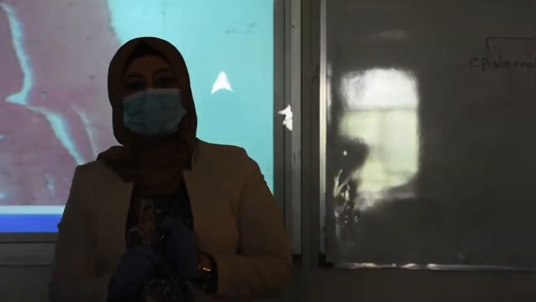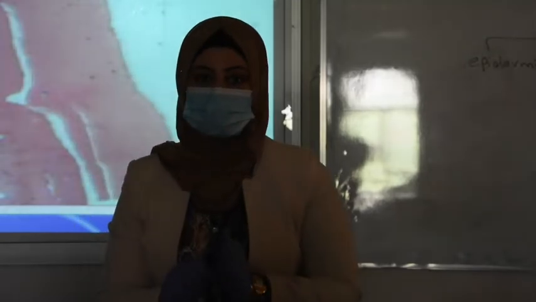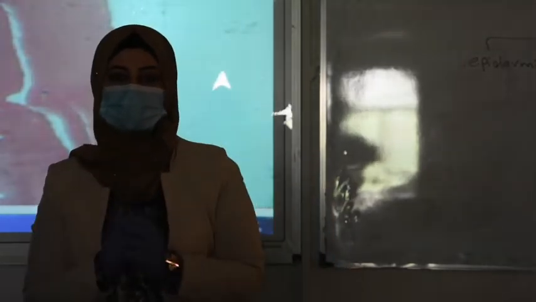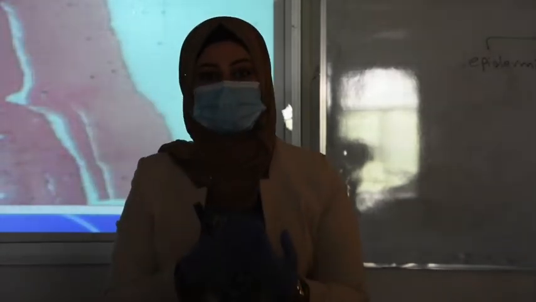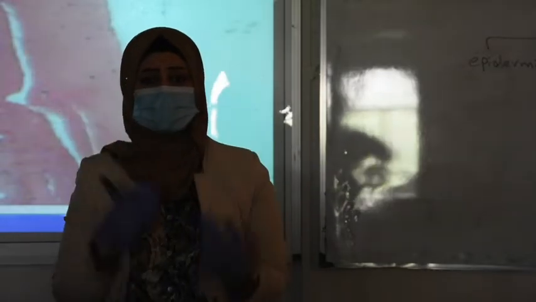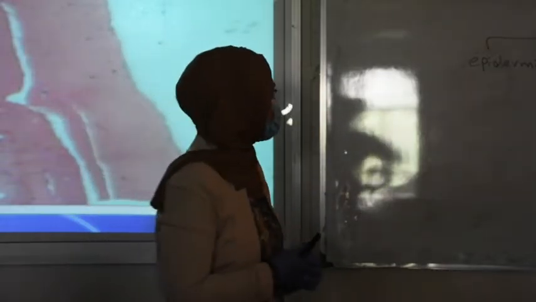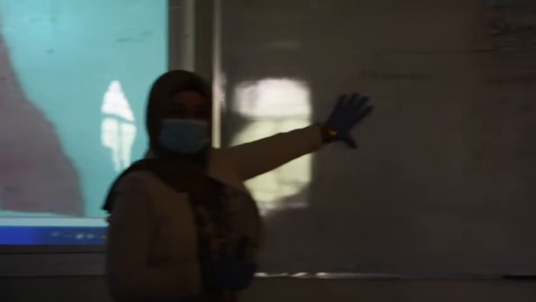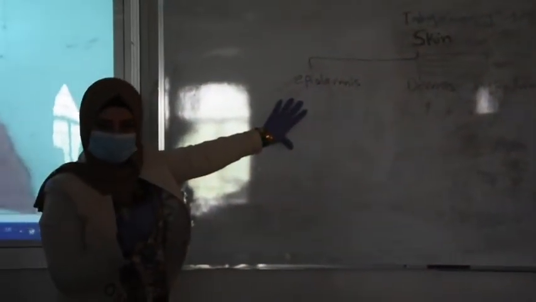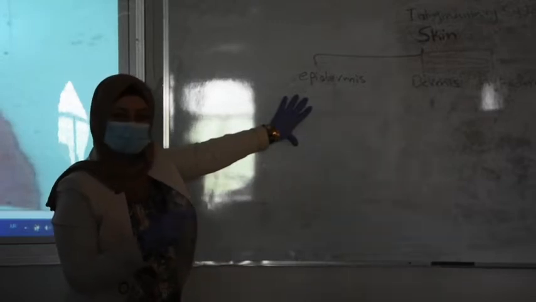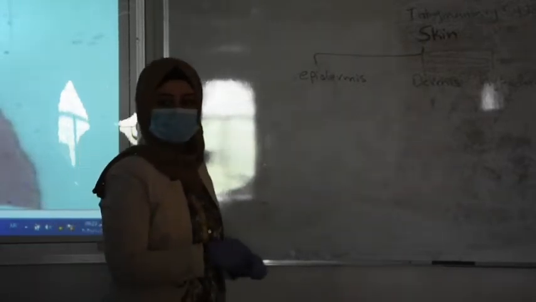When we're talking about the keratinocytes, they are the main largest component of the epidermis. These keratinocytes are arranged along the epidermis and divide it into five main zones.